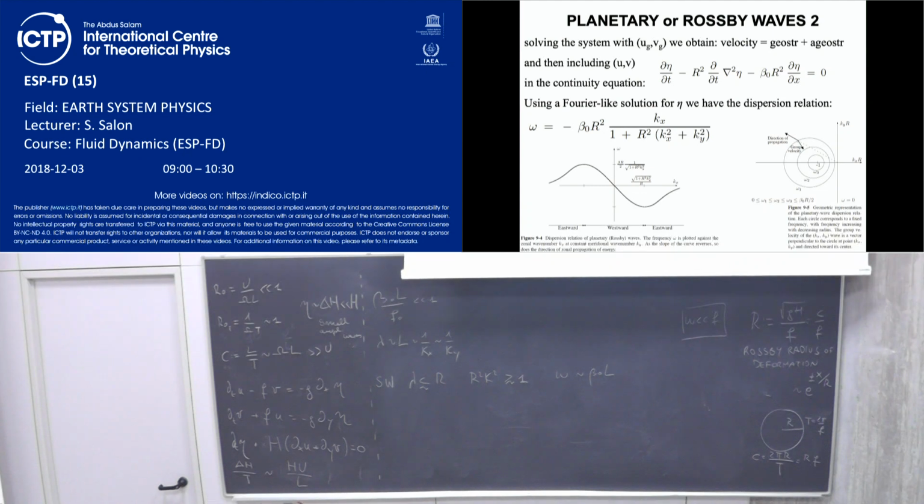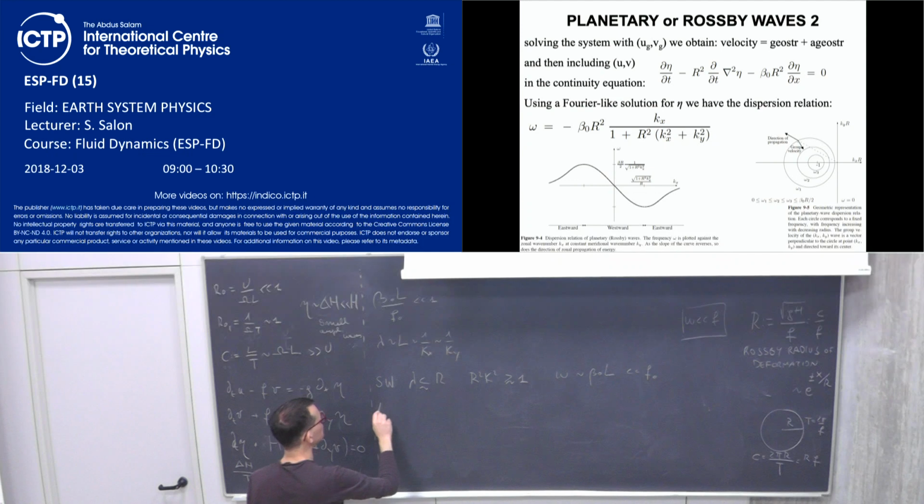Because R squared and R squared can be neglected, I just have an expression which is k over k squared, which means 1 over k, and 1 over k scales like L. So omega scales like beta 0 L. But beta 0 L is much smaller than f0. Okay, so we are happy. This is exactly what we wanted to look for, subinertial waves.